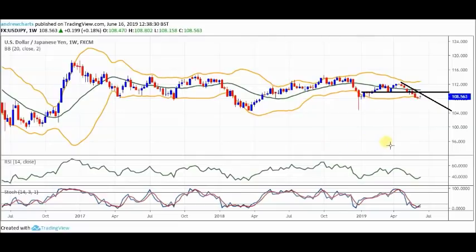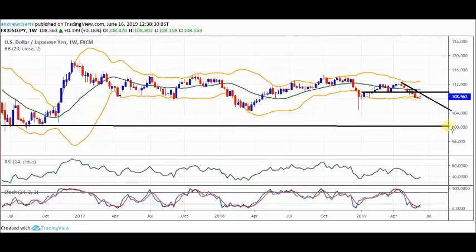Now, where are we going to go to? In terms of when you're setting targets in big long-term trends, you can't do it from technicals. You need to know the fundamentals and sentiment behind the chart, which I'll go through in a moment. But our target is here. So the par level. So basically another 850 pips from where we are now.